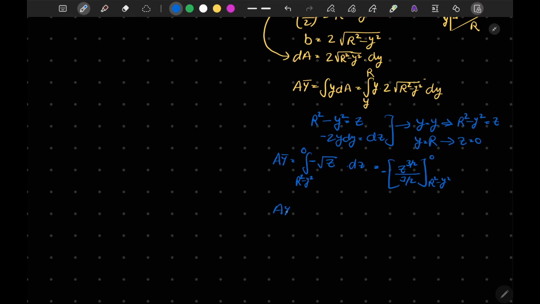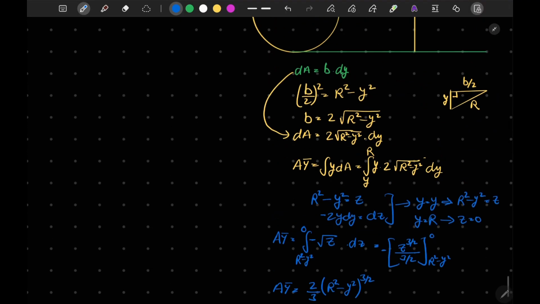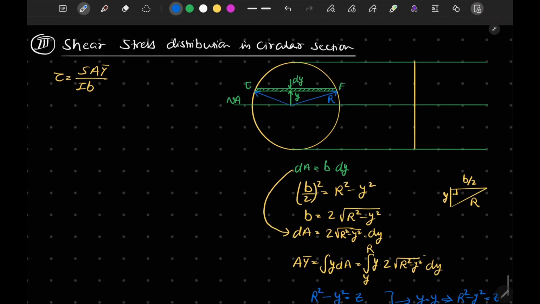So I can write A·Y bar is equal to, if I substitute the values, 2/3 times (R² minus y²) to the power 3/2. So this is our value of A·Y bar, and if we use this value here, I will obtain the value of tau.